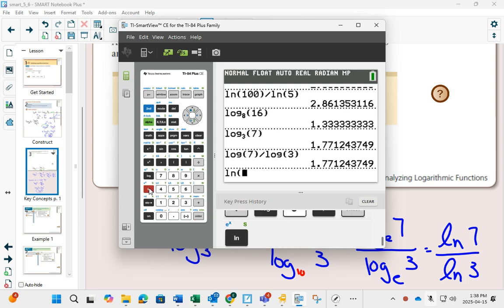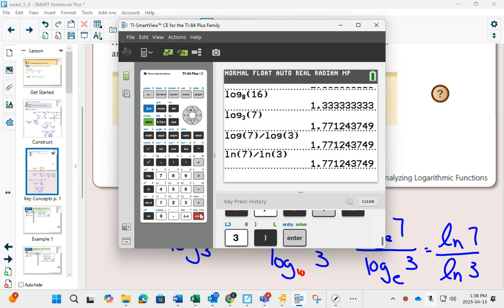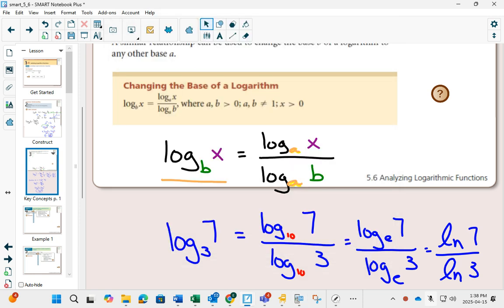And I can also type natural log of 7 divided by natural log of 3. And because of the change of base theorem, these are all exactly the same numbers. And all scientific calculators will have the log button and the natural log button. So when you get to your exam, if you don't have a graphing calculator, you would need to be able to do this.